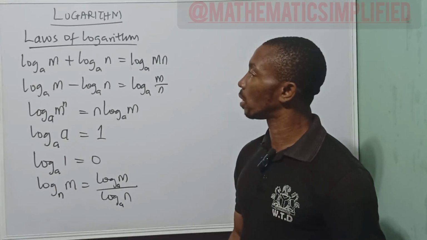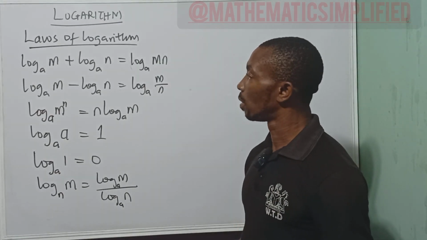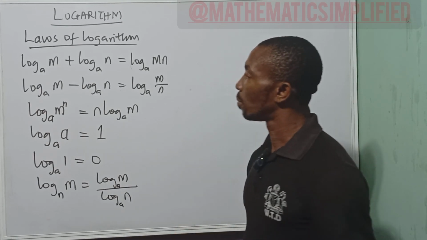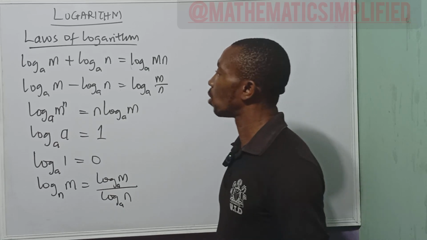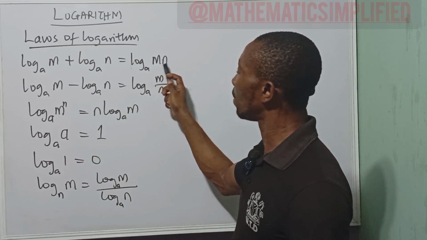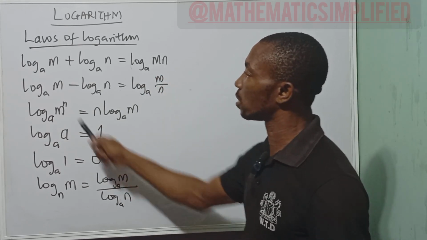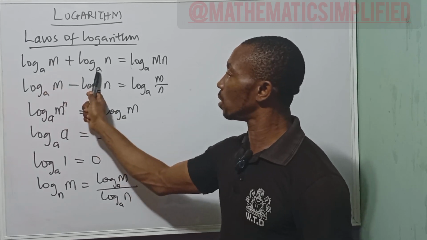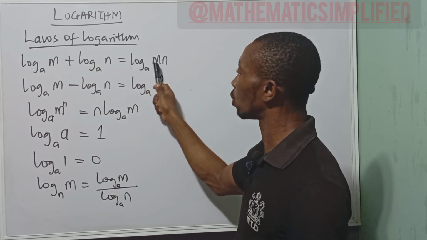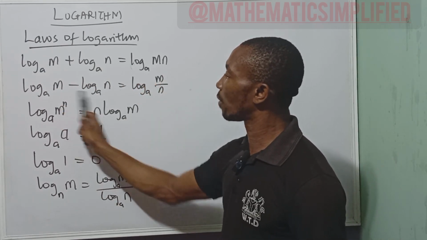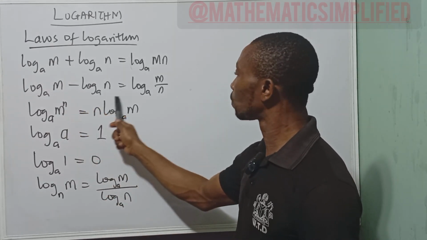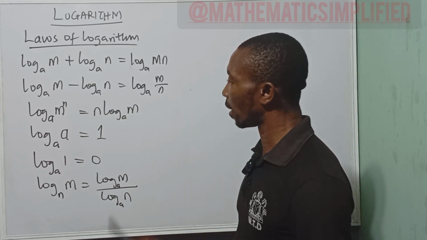Alright, next we'll be looking at laws of logarithm. We have log m to base a plus log n to base a will give us log mn to base a. Since they have common log bases, our addition will turn to multiplication. Log m minus log n will become log m divided by n.